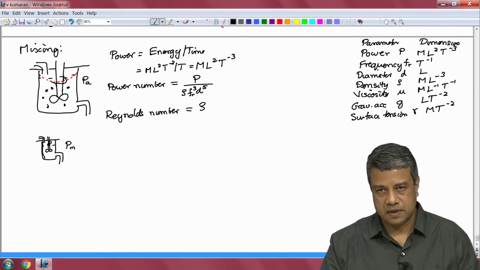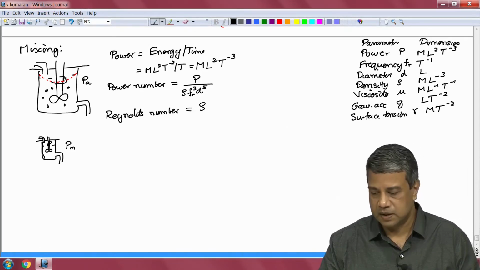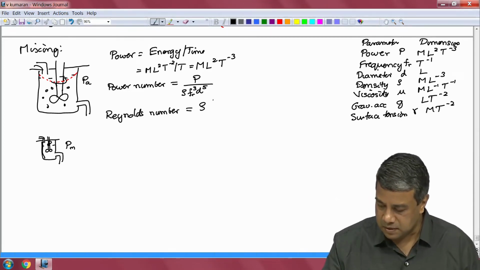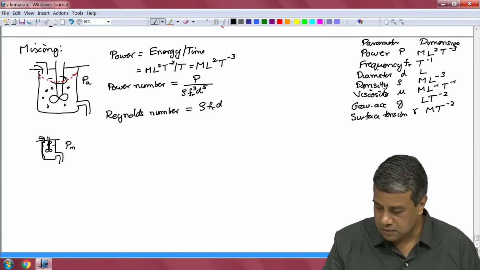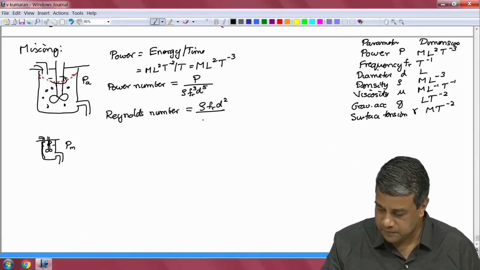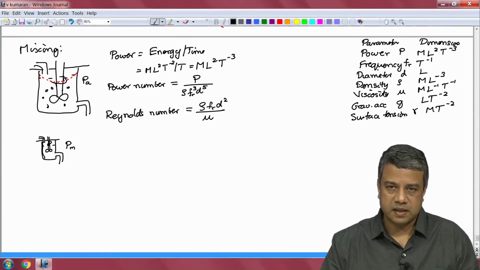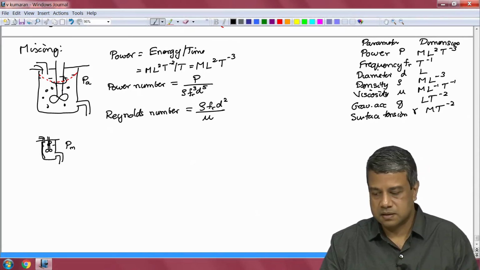Velocity has the same dimension as diameter times the frequency. So, I will get rho into the rotational frequency into d squared by mu. Recall that it was rho times v times d, and v has the same dimensions as rotational frequency times the diameter. So, that is the Reynolds number.